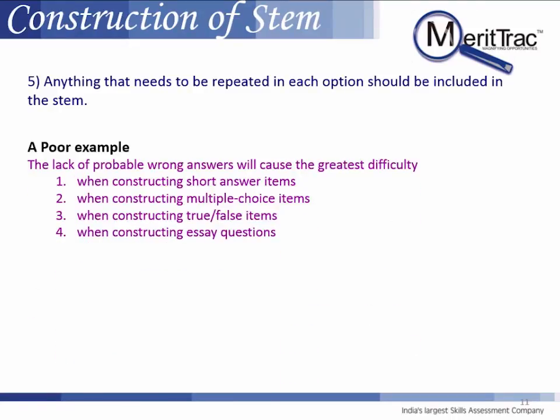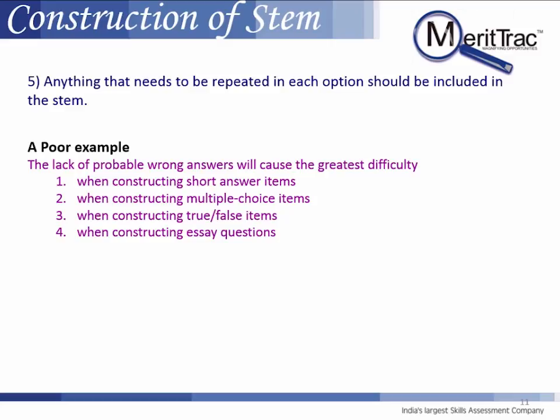We will come to the next slide, point number 5. Anything that needs to be repeated in each option should be included in the stem. If you look at this particular poor example, when constructing, it's getting repeated 4 times in 4 different options.